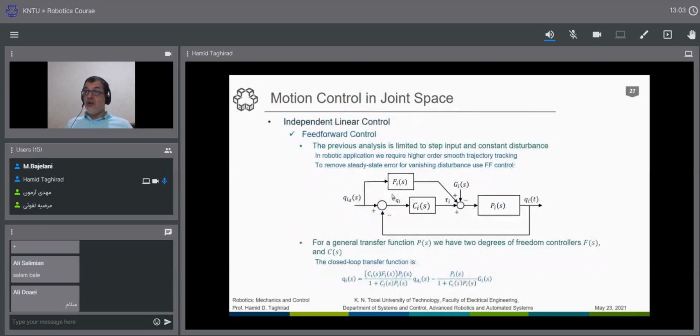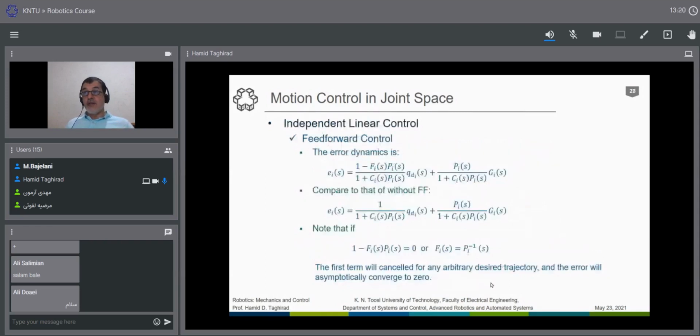So that's how the gravity or the disturbance is coming into the picture: learn the dynamic of the system, get calibrated, get to know it, and use this dynamic in inverse form as a controller.